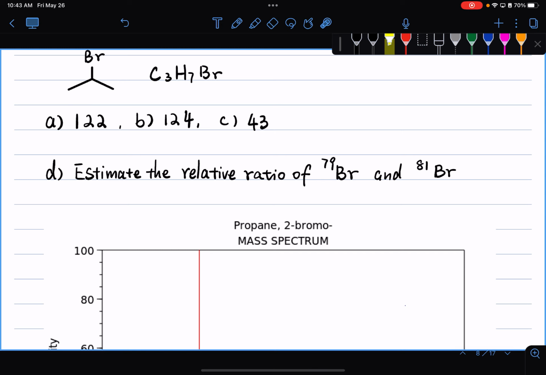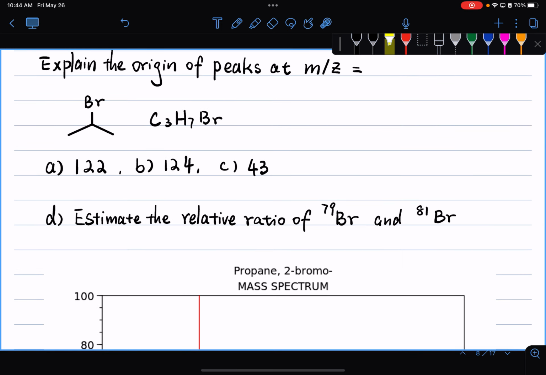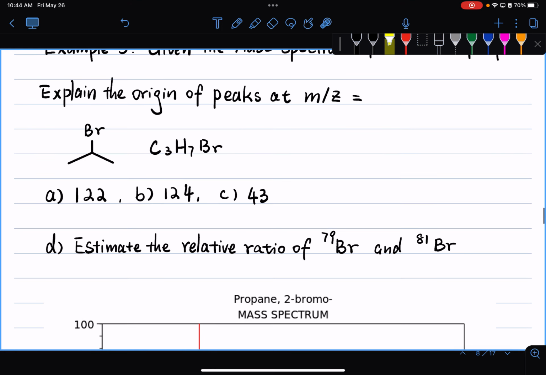Now, if we look at what the question is asking for, it's asking you to rationalize the peaks at 122, 124, and also 43. Can you tell the origin of these peaks at these m/z, and also estimate the relative ratio of your bromine 79 and bromine 81.